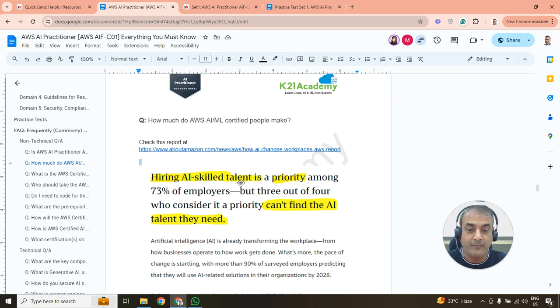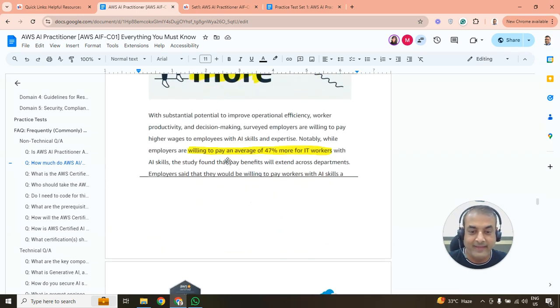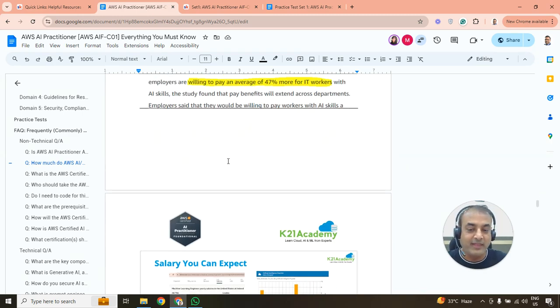At least 73% of employers want to hire them, but the challenge is they can't find the AI talent they're looking for. Also in the same report, consultants coming from an IT background get 47% more. So if you're getting 100 in a normal IT job, you might be getting 147 with the AI knowledge.